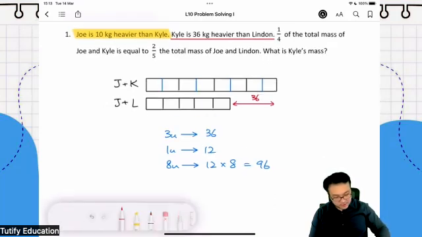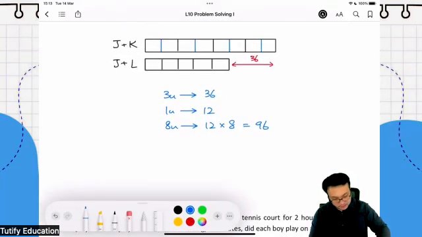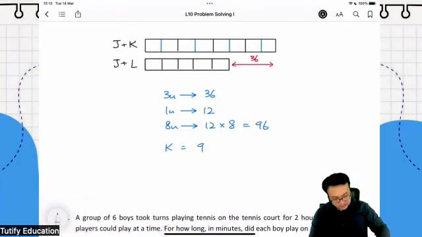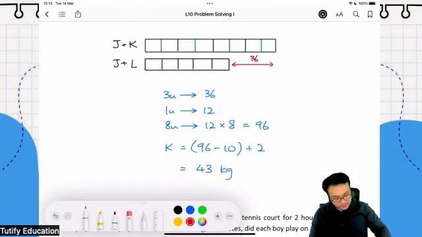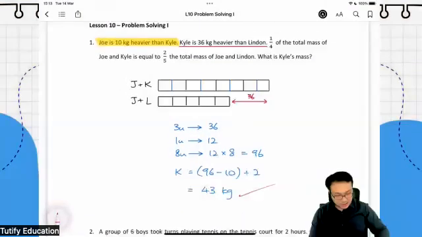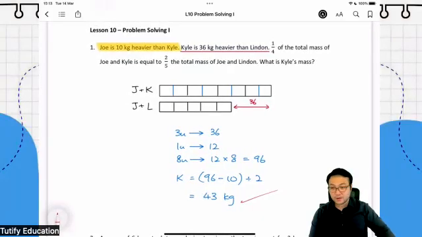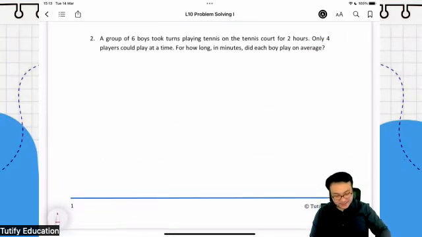So in order to find Carl, 96 minus 10, divide by 2, and there you go, students. Carl has a mass of 43. Any questions, students? Raise your hand. No question? Okay, let's try the next one.